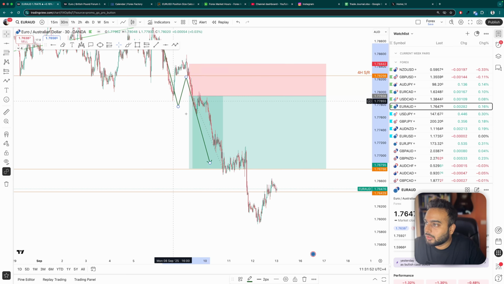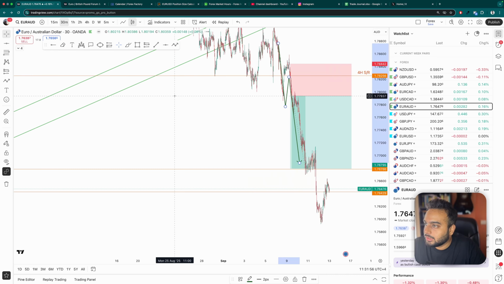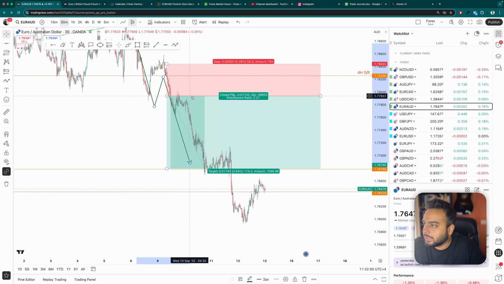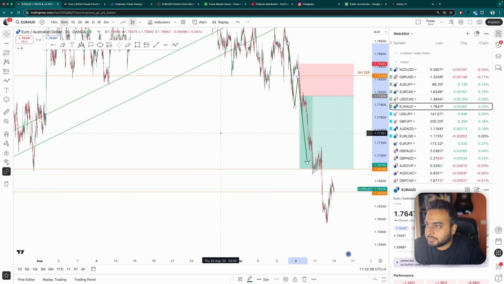It was a sell limit order because this was a support line for me, and the recent low mainly. Once the price came here, I got the entry and no drawdown, and then it hit my TP.